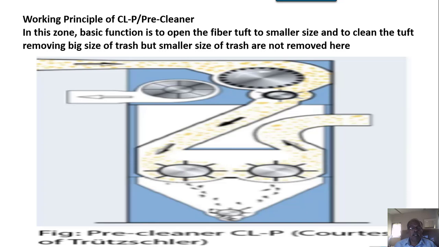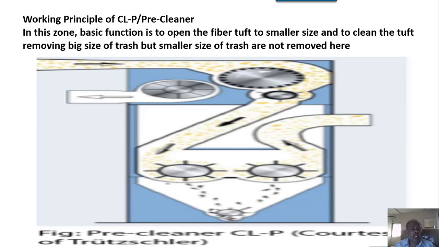Now, the pre-cleaner, or what is called a free flight beater. As I have mentioned earlier, in the case of Rieter systems it is the Uniflock, the free flight beater. In the case of Trützschler, in the conventional days it was the Axiflow cleaner, or Maxiflow cleaner.